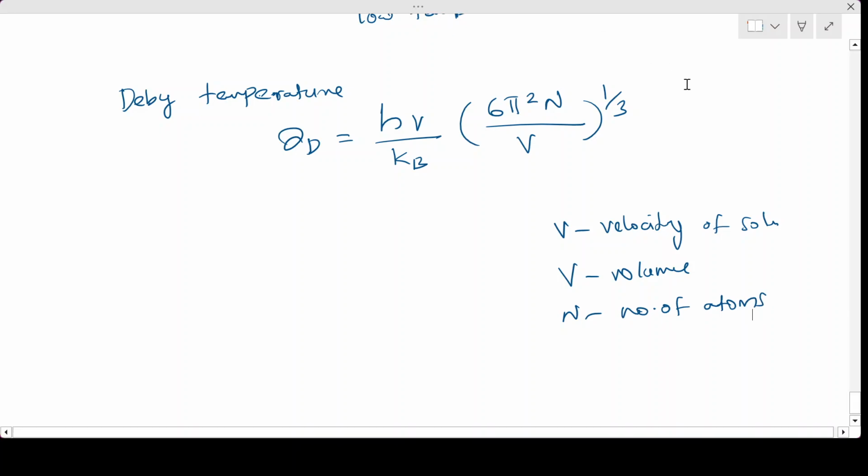If you represent n by V, that means the atomic density or the number density.